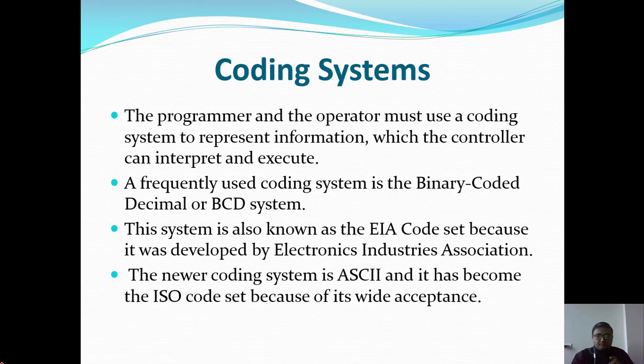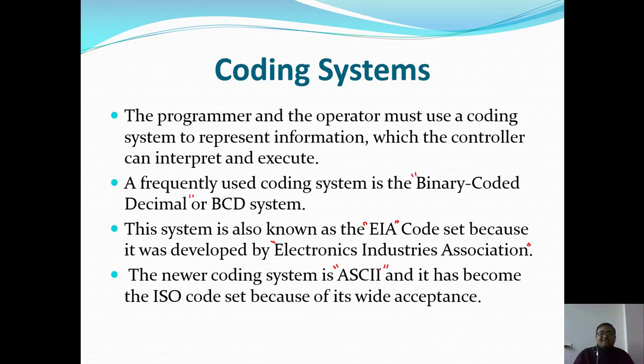So whatever coding system we are going to learn in this particular subject is based on the binary coded decimal system. Again, it is also widely known as the EIA code system, where EIA means Electronics Industries Association, and that is also approved by ASCII.